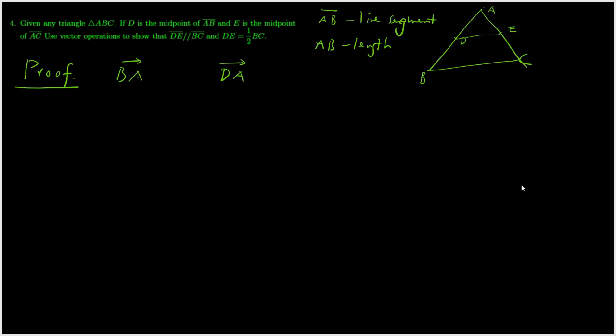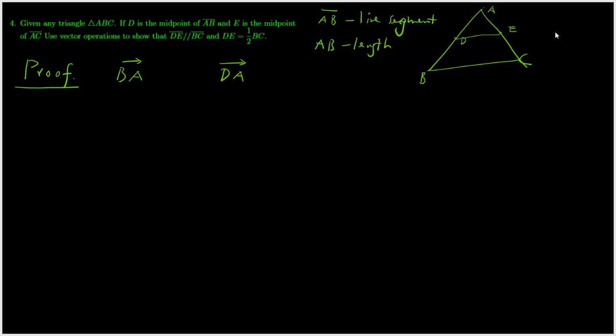Using the geometric meaning of scalar multiplication and vector addition, anybody want to tell me the relation between these two vectors? Now look at the cursor. BA is the vector starting from B, terminating at A. DA is a vector from D to A. Initial point is D. Yeah, that's right. So DA is half of BA.